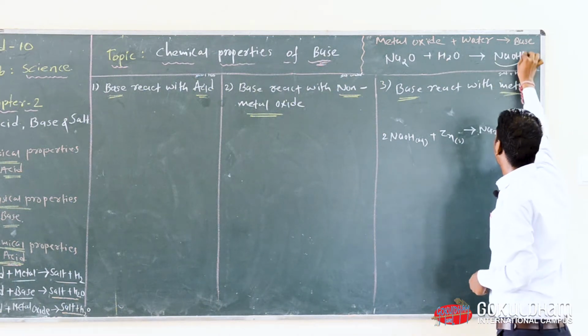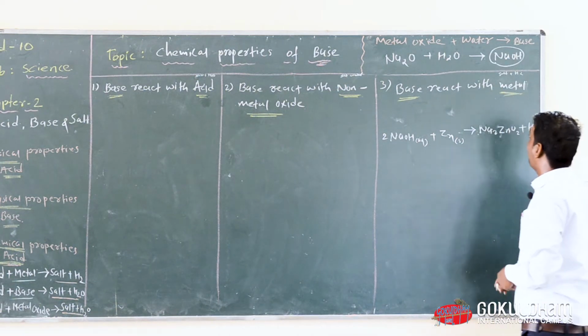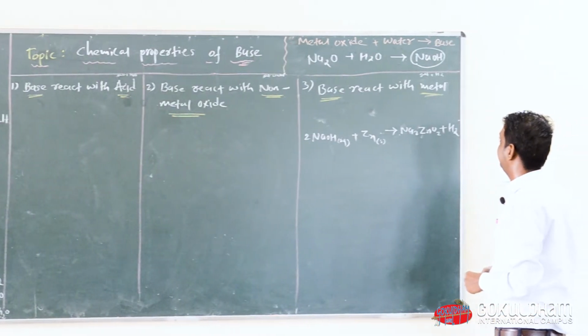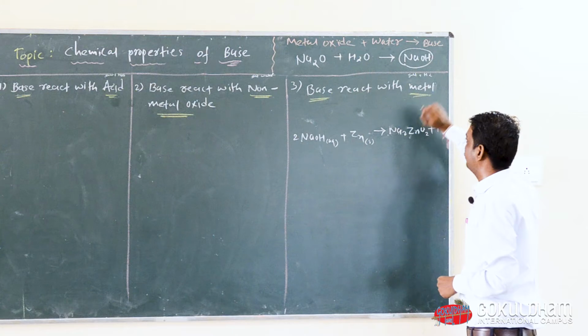Now what is the name of NaOH? The chemical name of NaOH is sodium hydroxide.